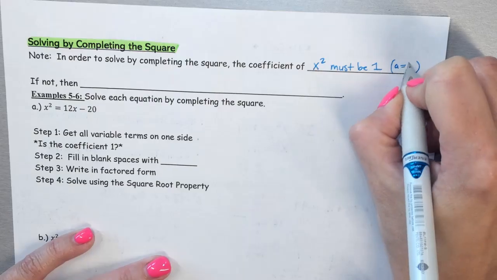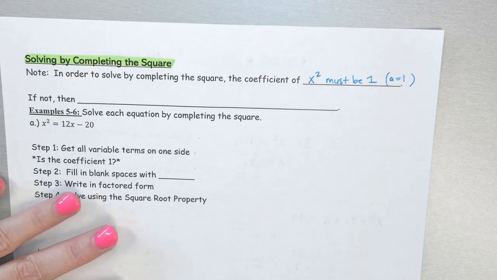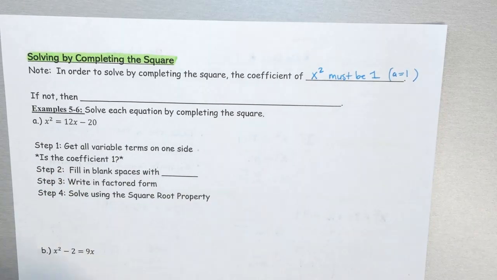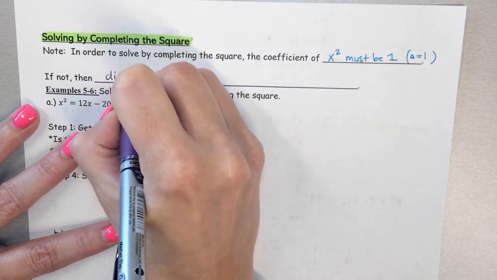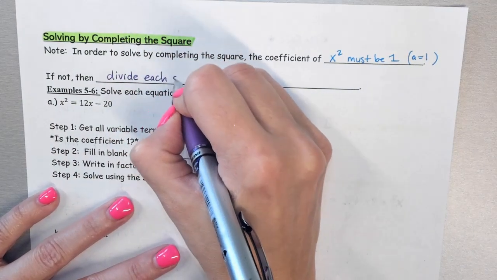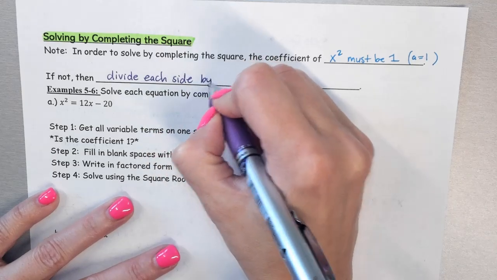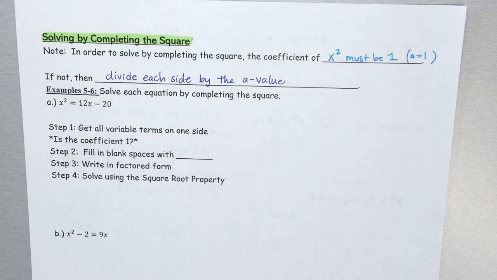A. So your A value has to be 1. If it's not, all you have to do is divide each side by the A value. So you can mathematically manipulate the equation. You can divide both sides by the A value so that you have an A of 1.